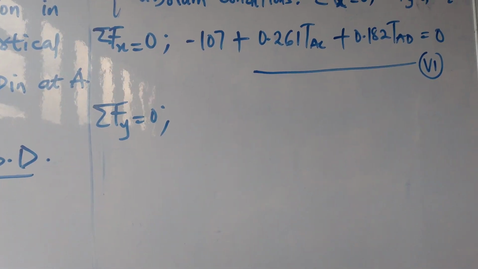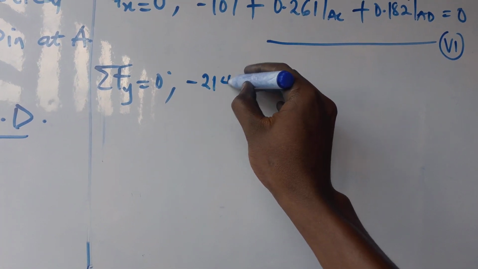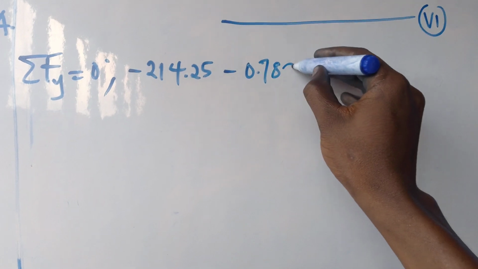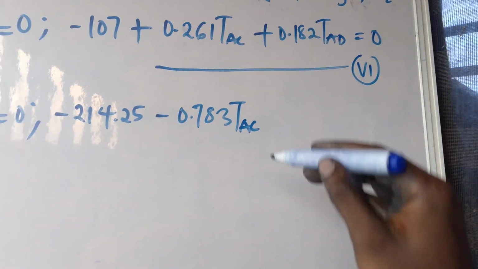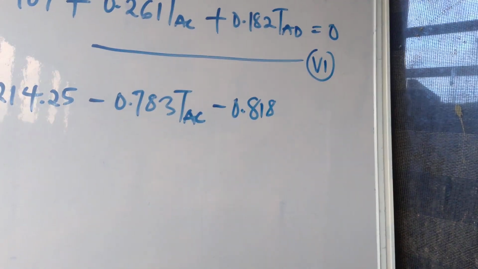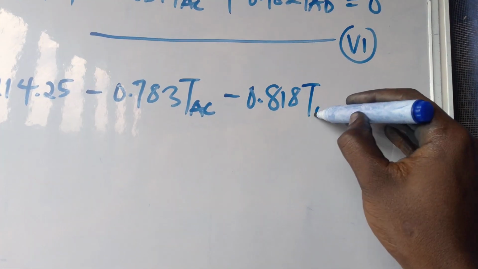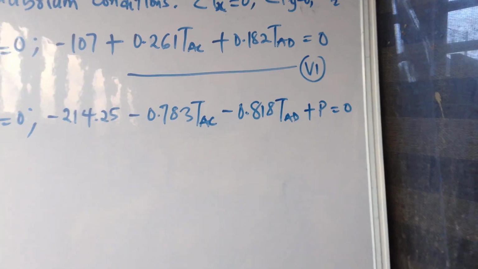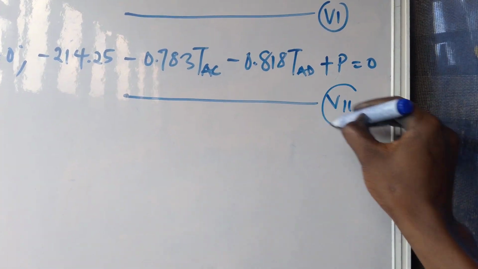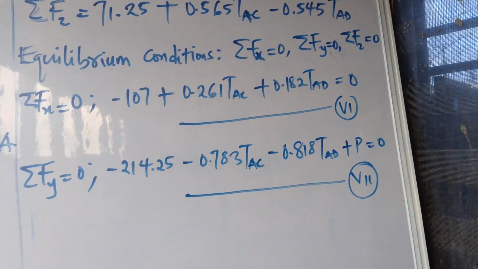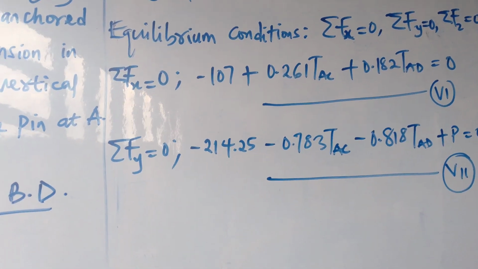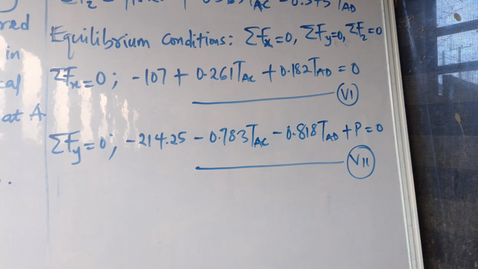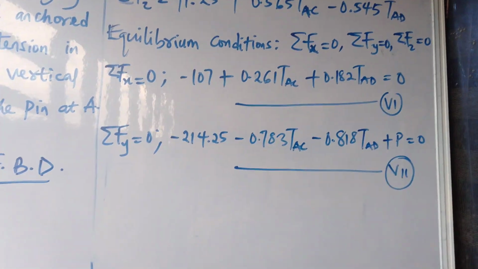Applying that now, I'm having minus 214.25 minus 0.783 TAC minus 0.818 TAD plus P is equal to 0, which I can call equation 7. Okay, so take note, that's equation 7: minus 214.25 minus 0.783 TAC minus 0.818 TAD plus P equal to 0.